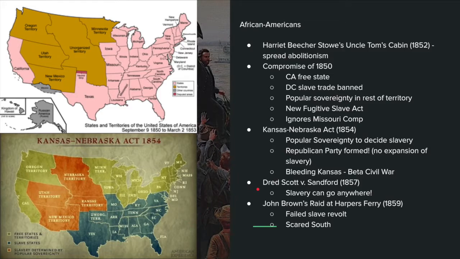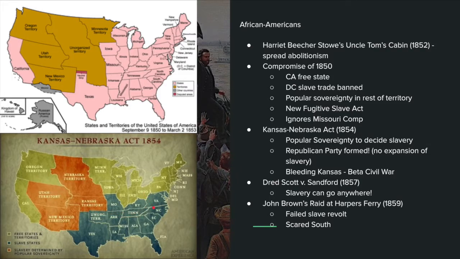You should know about the Dred Scott versus Sanford case, 1857, and that decision basically says that slavers can take their slaves anywhere in America, and those slaves will remain slaves.